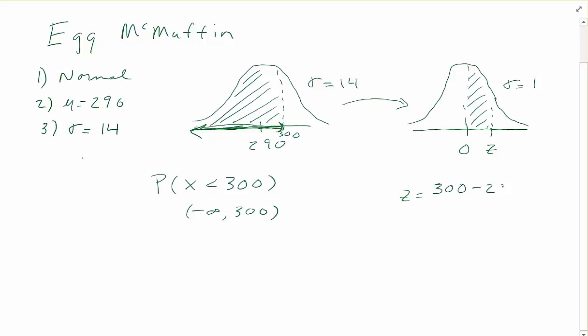I'll subtract the mean from that. How many standard deviations is 300 from 290? I'll divide by 14 and get 0.71. And so I need to go to the table then and look up 0.71.